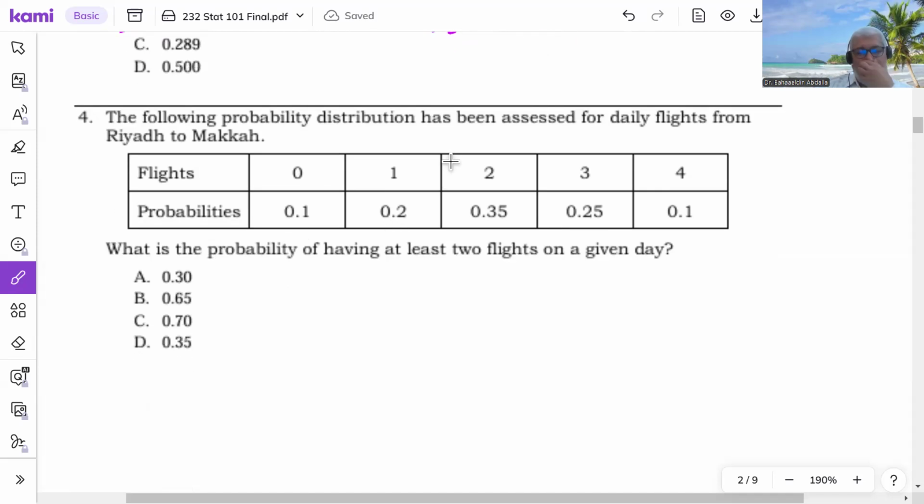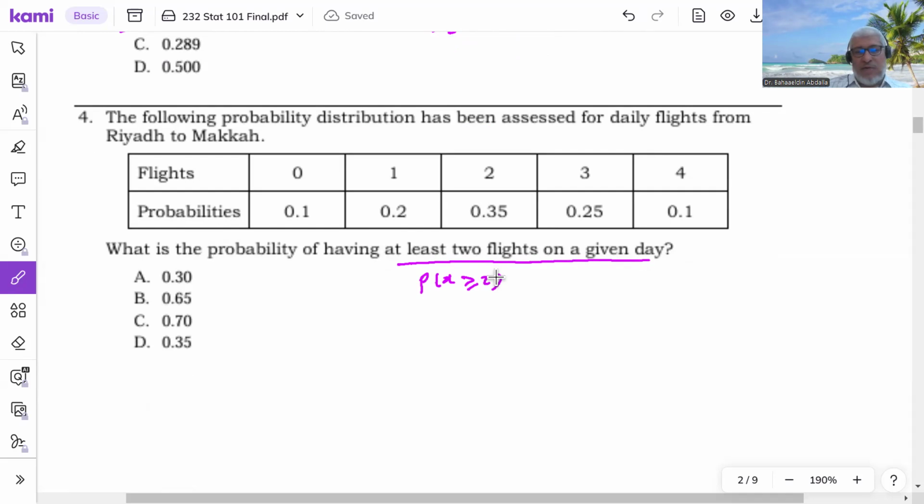The following probability distribution has been assessed for daily flights from Riyadh to Mecca. Flights and probabilities. What is the probability of having at least two flights on a given day? So probability that X is at least 2 means greater than or equal to 2. At least 2 means 2 or 3 or 4.